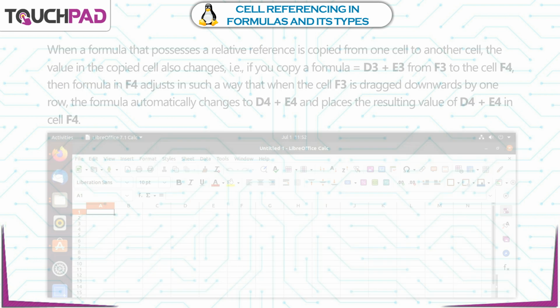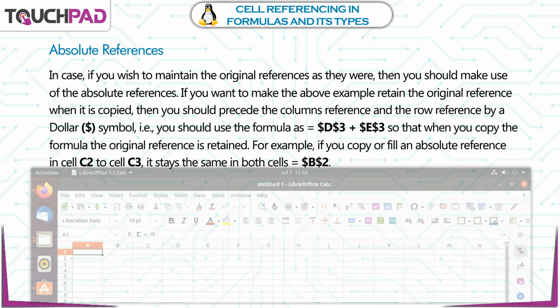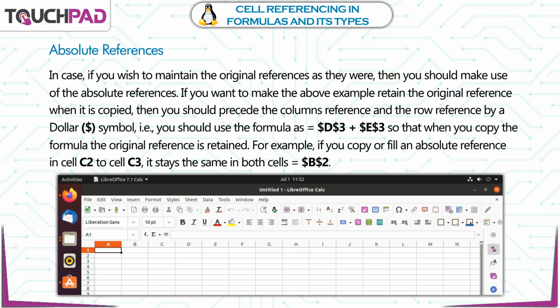cell F4. Absolute references. In case you wish to maintain the original references as they were, then you should make use of the absolute references. If you want to make the above example retain the original reference when it is copied, then you should precede the column's reference and the row reference by a dollar symbol.